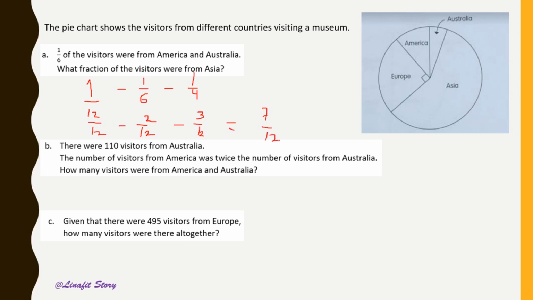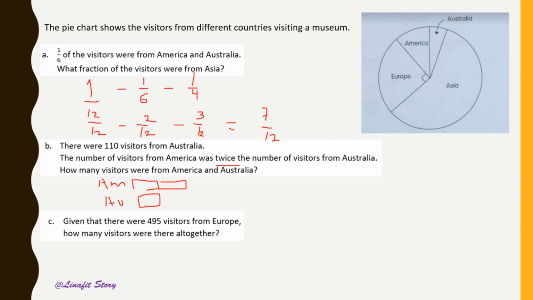B. There were 110 visitors from Australia. The number of visitors from America was twice the number of visitors from Australia. How many visitors were from America and Australia? So now over here 2 units belongs to America, while the Australia is just 1 unit.